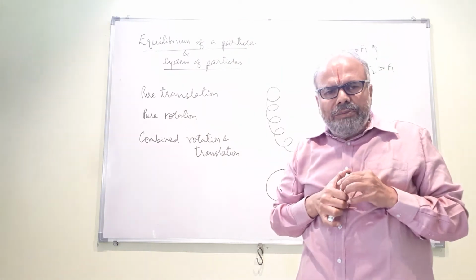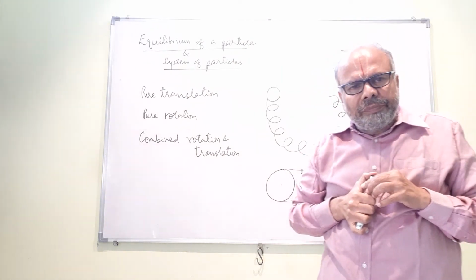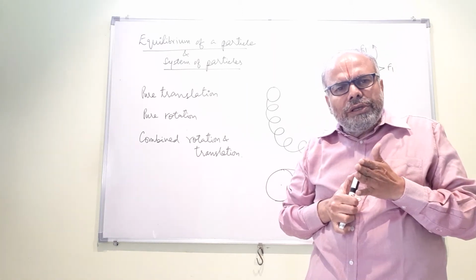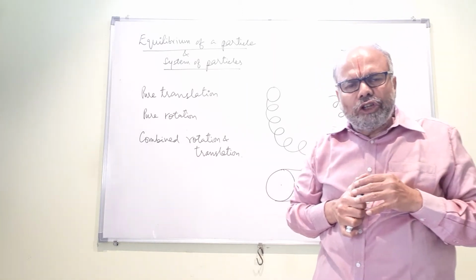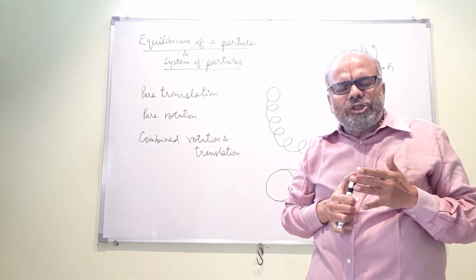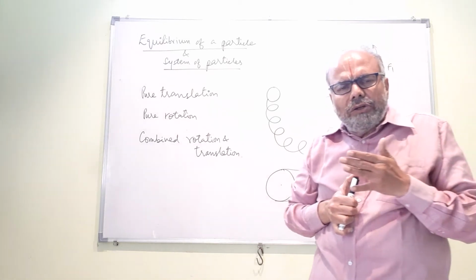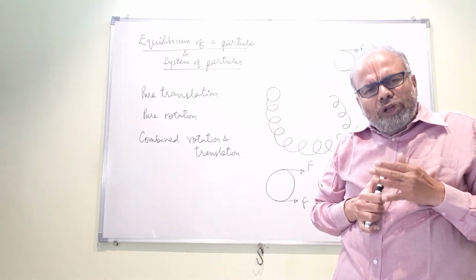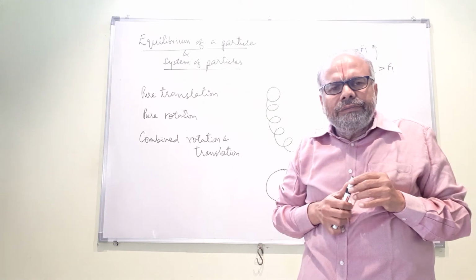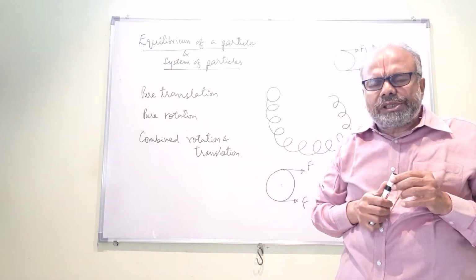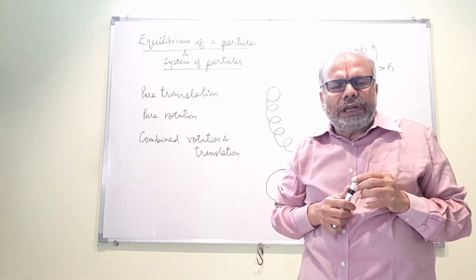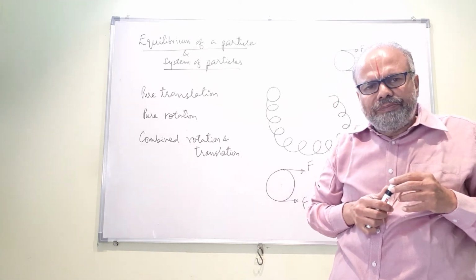If you take the example of the earth again, the earth is going around the orbit which is nearly circular. The centripetal force is provided by the attraction of the sun on the earth. Because the earth is translating in a circular orbit and there is a force acting on it, there is a net force on it, it is not in translational equilibrium.